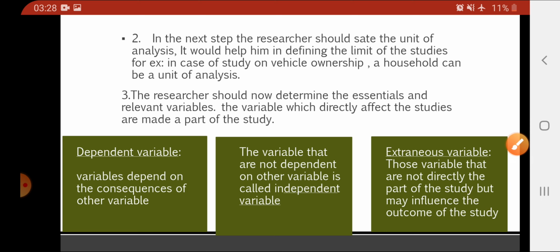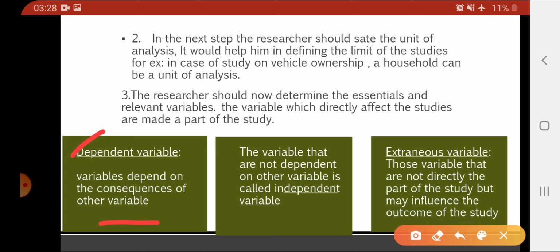Next, the researcher should identify the essential variables regarding that particular research. We have dependent variables, which depend on the consequences of other variables, and independent variables, which are not dependent on other variables.